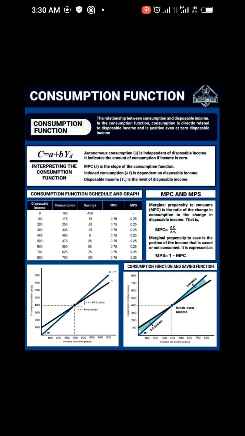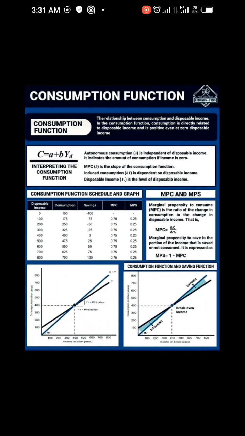The formula of consumption function is C equals A plus BYD. C is equal to consumption. A simply means autonomous consumption, and B simply means marginal propensity, the slope of consumption function. That is the change of consumption, either increase or decrease.